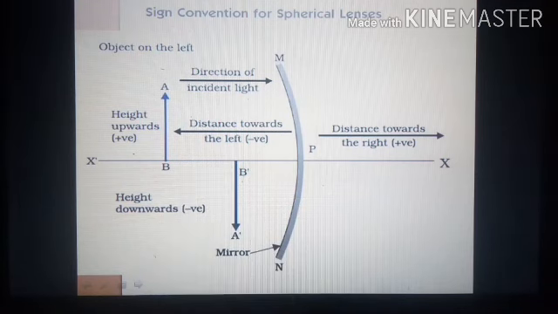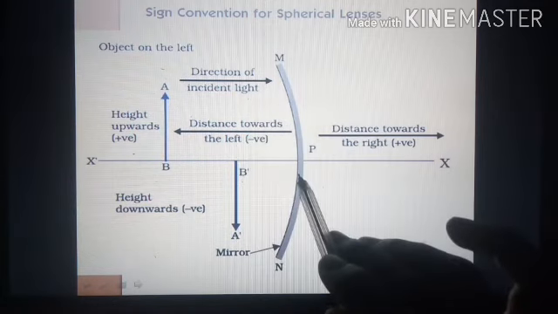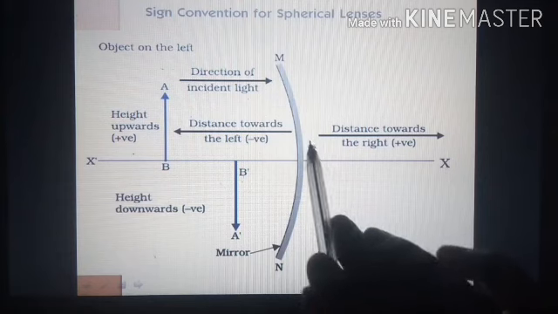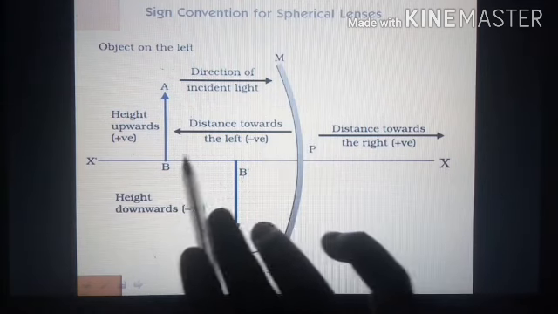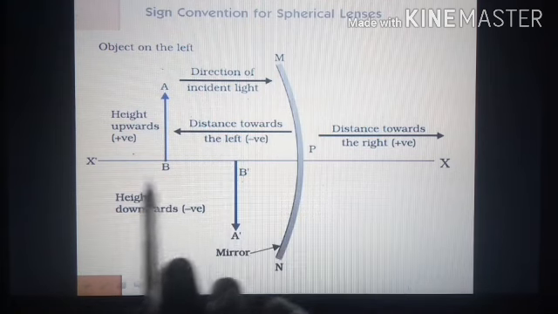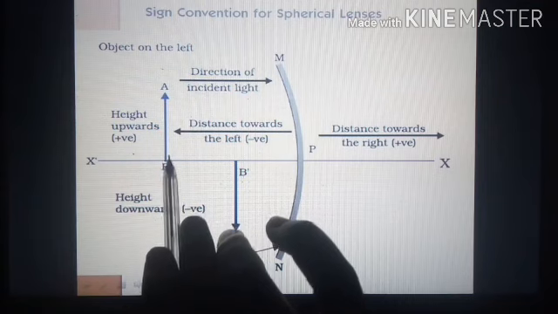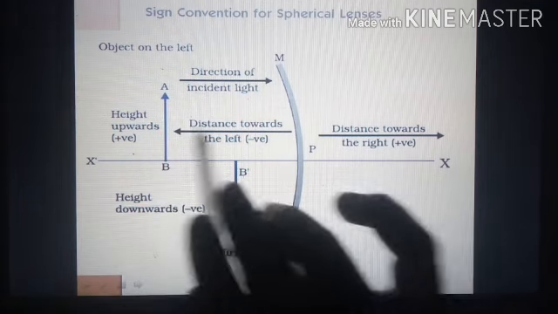Next, for spherical lenses and mirrors, it is the same convention. The object is always placed on the left side of the lens or mirror, so the object distance u is always negative. The object height is always above the optic axis, so it is always positive.